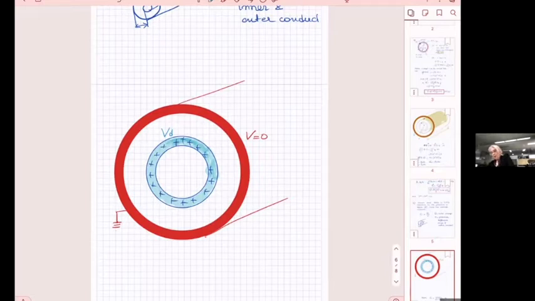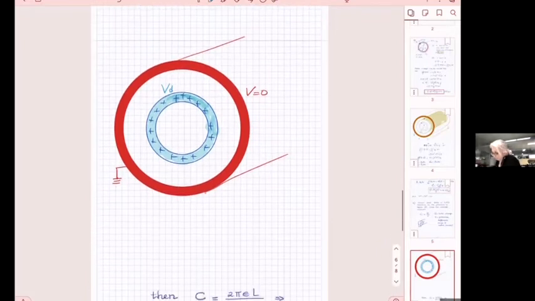Now, ideally, when the inner conductor is a perfect conductor, then practically all of the charges are on the surface, all right? We talked about that, in a perfect conductor. So that implies that all of the perfect conductor is going to have the same potential, and the charges will be on the surface.